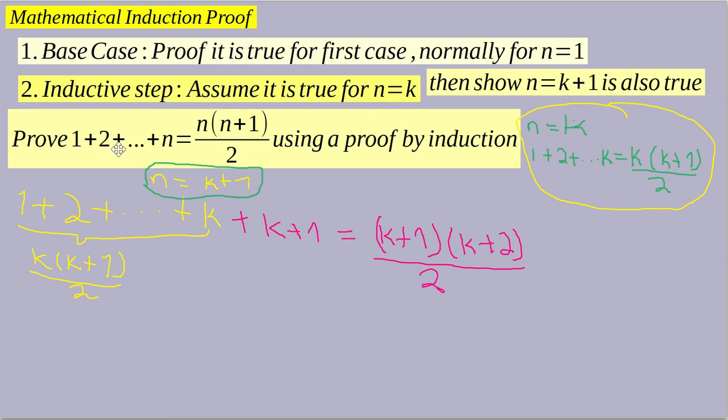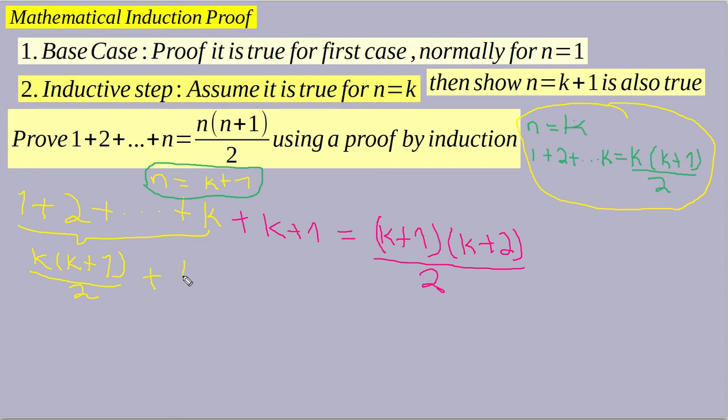I did 1 plus 2 up to k and then plus k plus 1, because after k comes k plus 1. Now we know that when n is equal to k, this expression is equal to this expression that I have here, so we can replace this by this. Then we continue to see whether the left hand side will be equal to the right hand side.